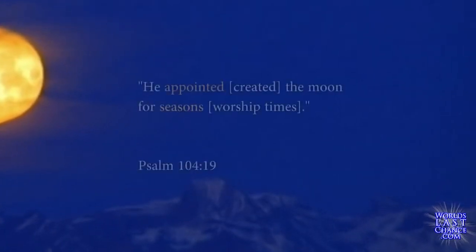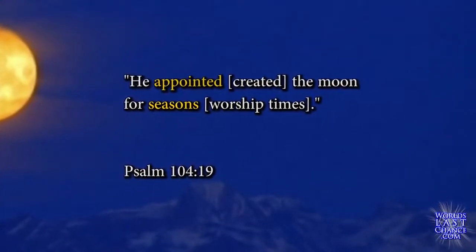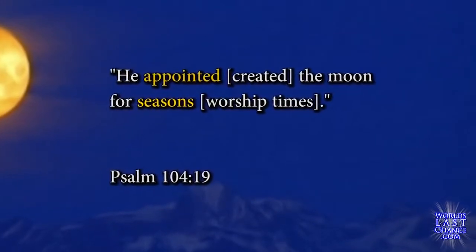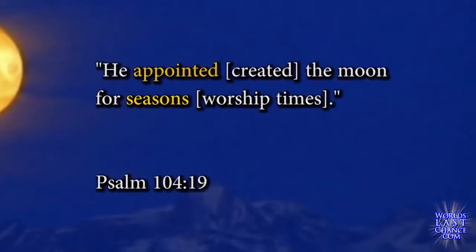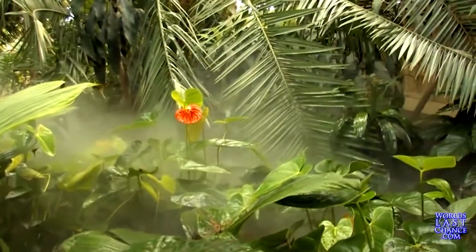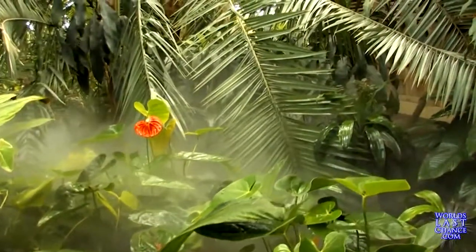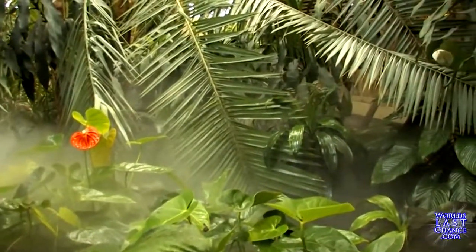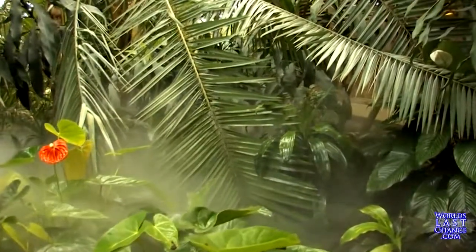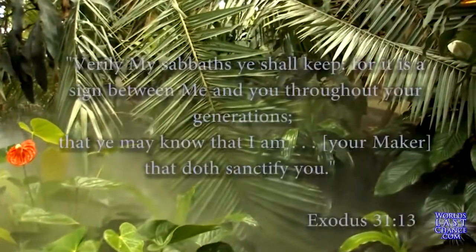Scripture states that the moon was created specifically to measure times for worship. He created the moon for seasons, that is, worship times. Creation week ended with the Sabbath day's rest. Exodus 31 states that the Sabbath is to be kept throughout all generations.